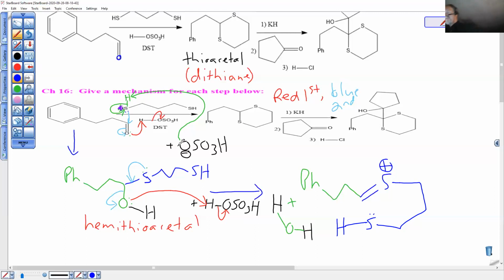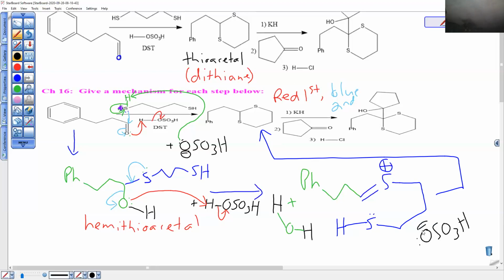So let's have everything all set up here, 3 colors ready to go. We're going to have the base waiting for an opportunity to abstract a strong acid's hydrogen. That opportunity does not yet exist.